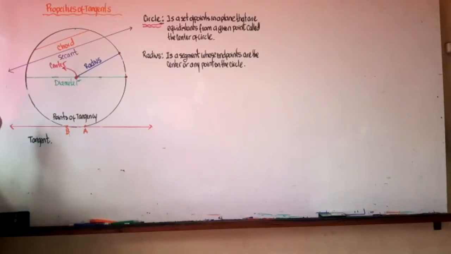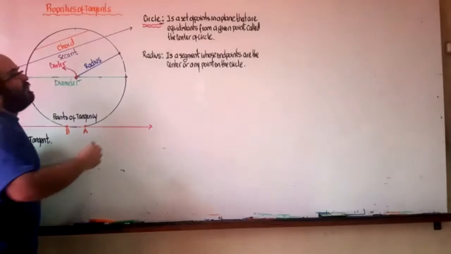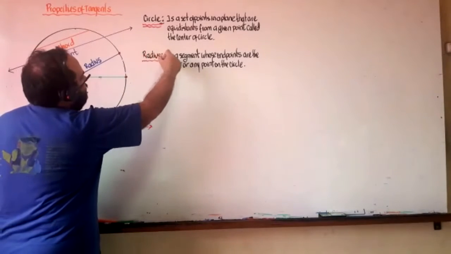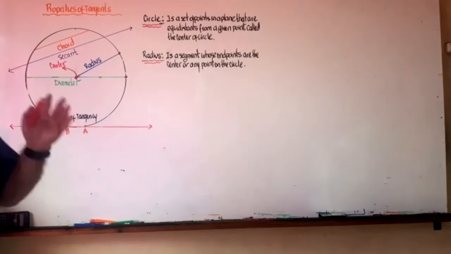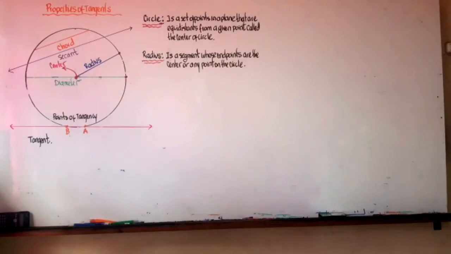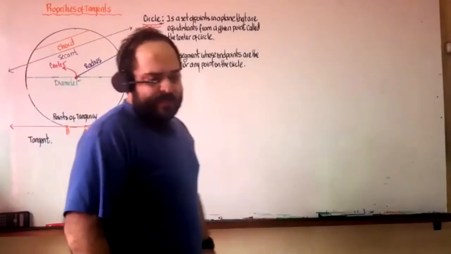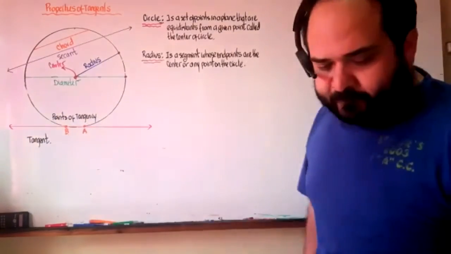So, in simple English, what is the definition of the radius? Well, the radius is the distance that connects the center of the circle with any equidistant point. Those are simple words.